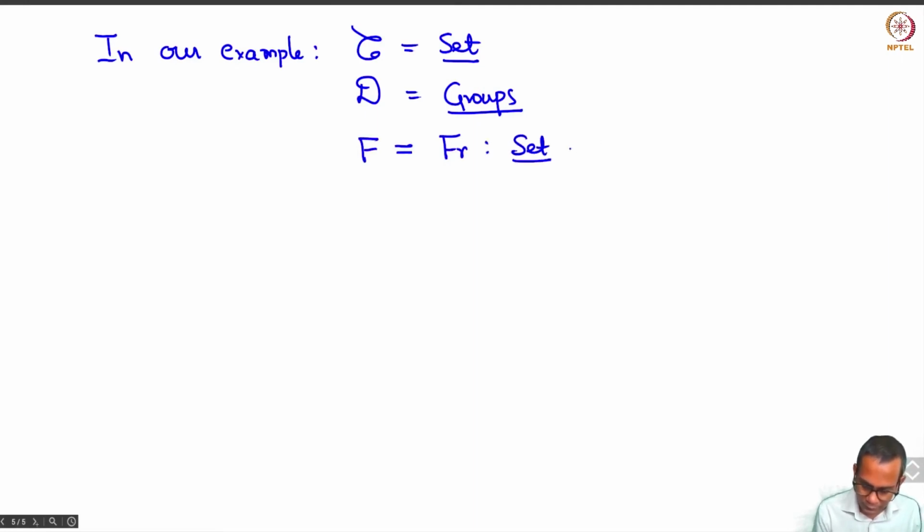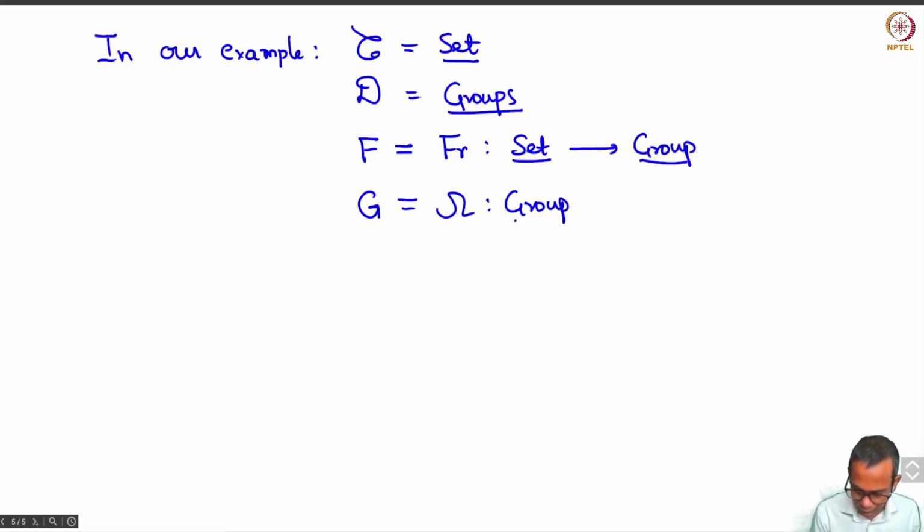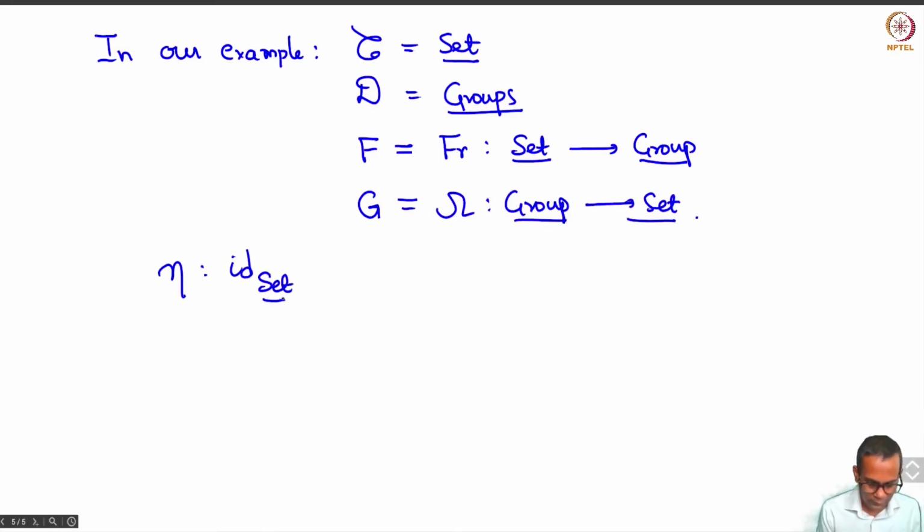Given a set, it associates a free group to it. G was the forgetful functor from group to set. And eta is a natural transformation from the identity functor from the category of sets to itself to the functor G circle F. And what is this?